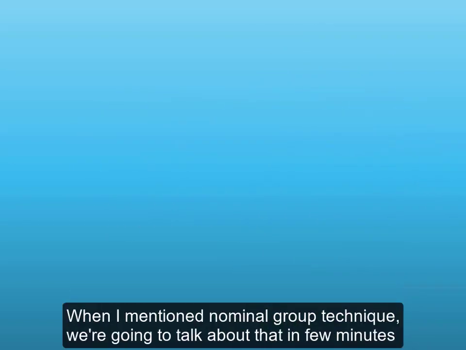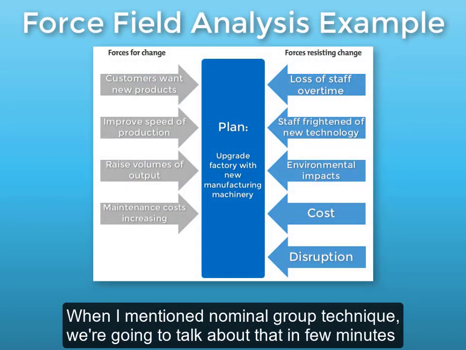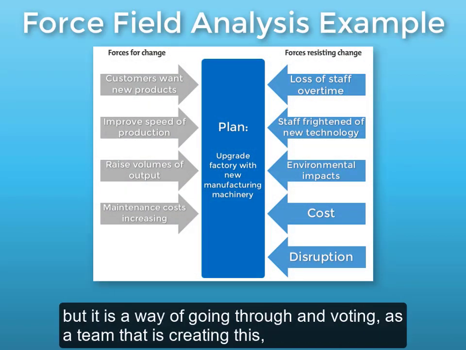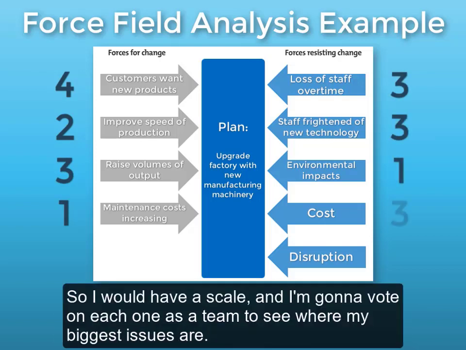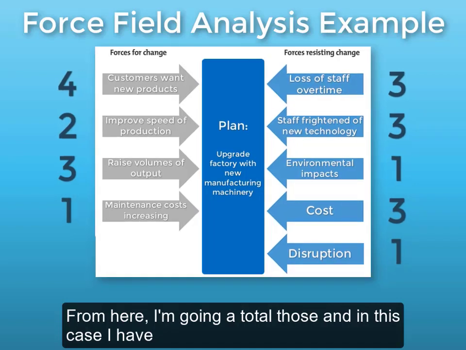When I mention nominal group technique, we're going to talk about that in a few minutes. But it's a way of going through and voting as a team that's creating this on how important different aspects are. And so I would have a scale, and I'm going to vote on each one as a team to see where my biggest issues are. And from here, I'm going to total those.